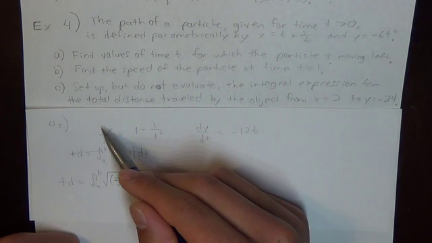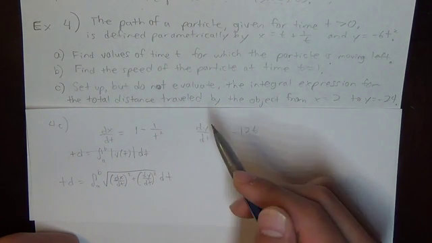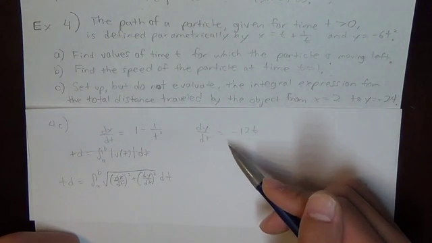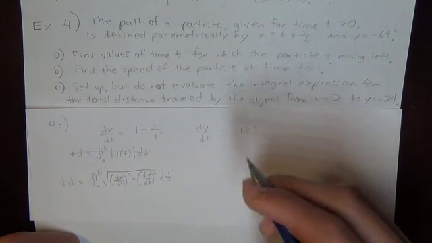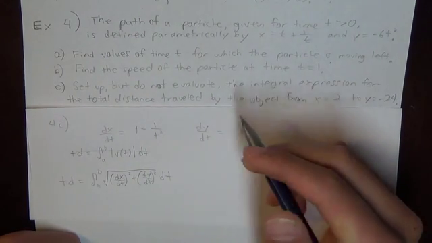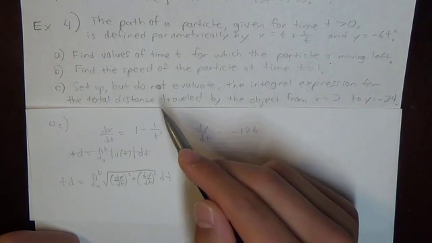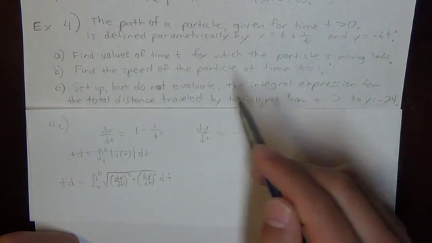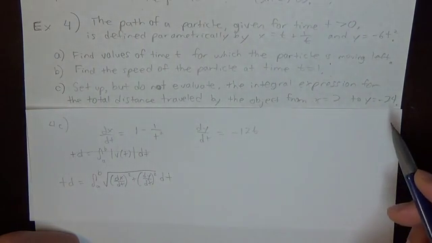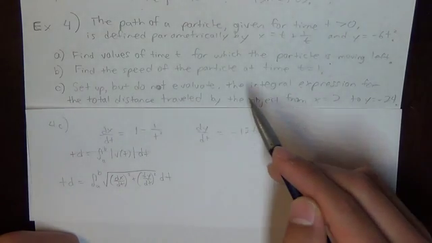So remember from part B we found that dx/dt equals 1 minus 1 over t squared and dy/dt equals negative 12t. We're asked to find the total distance traveled by the object from x equals 2 to y equals negative 24, and it says do not evaluate, just set it up.